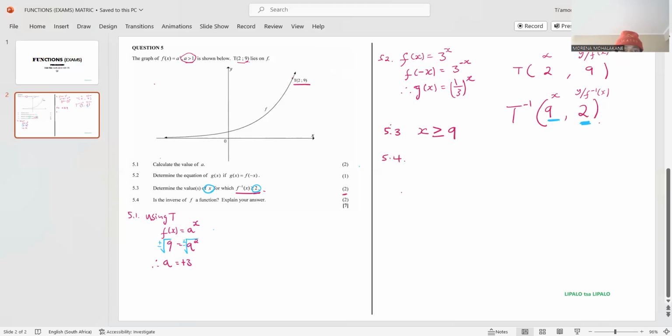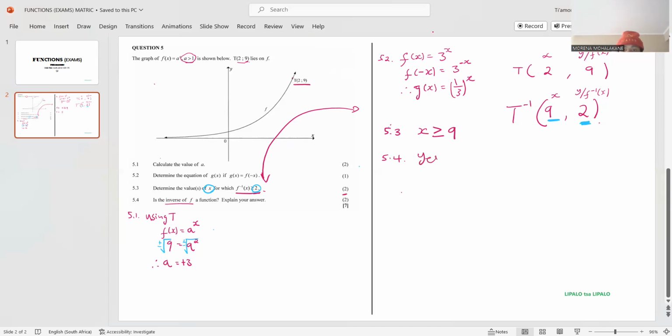And the fourth question is: is f a function or the inverse of f a function? Explain your answer. Well, if I look at the inverse, it's going to be shaped in this way. That's my inverse, right? So the inverse of an exponential, it's a function, right?